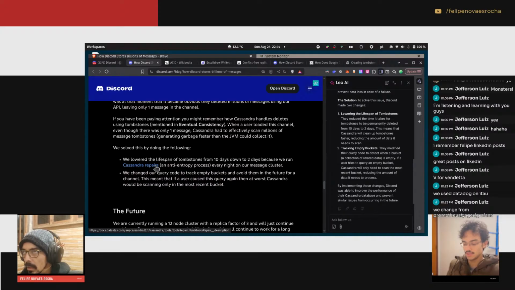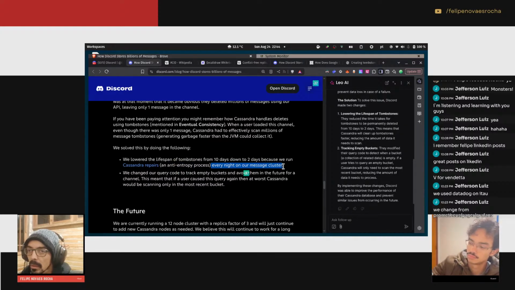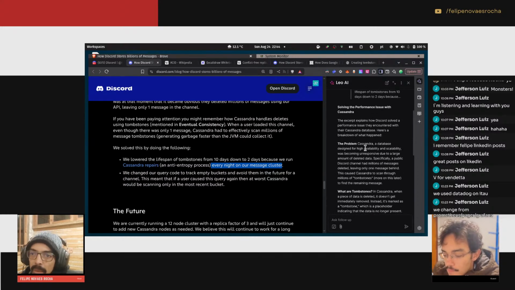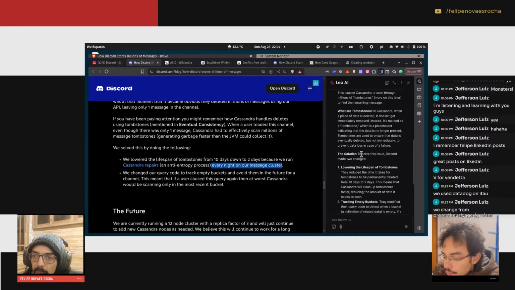But what does anti-entropy mean? Entropy is something complex. I think entropy for a database should be something specific. I don't know what it is. Let's see. So the problem is Cassandra database design.